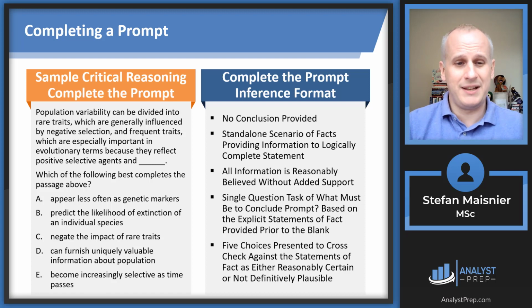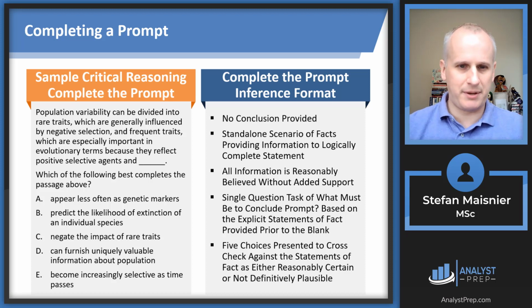So we're being asked which of the following best completes the passage above. And we wouldn't know that this is an inference format until we read the statements. So population variability can be divided into rare traits, which are generally influenced by negative selection, and frequent traits, which are especially important in evolutionary terms because they reflect positive selective agents and blank.